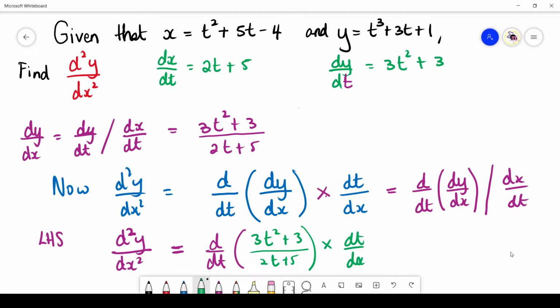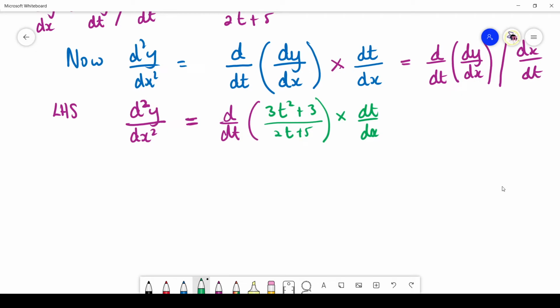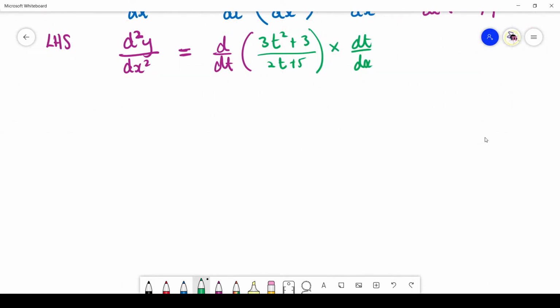Now, because we can see in brackets there, we have a very long chunk to differentiate, you can clearly identify that we are actually going to have to apply the quotient rule to differentiate what's within brackets there.